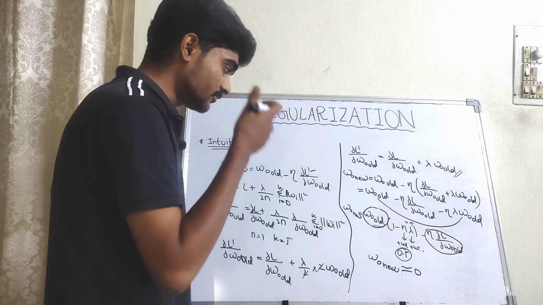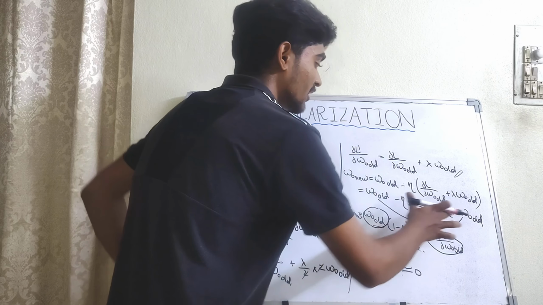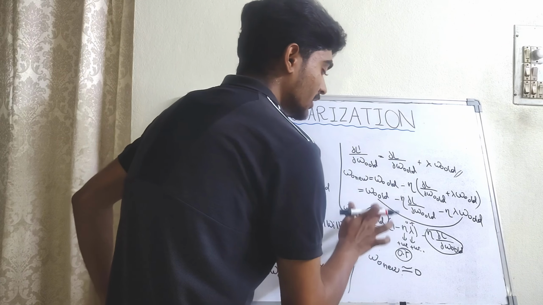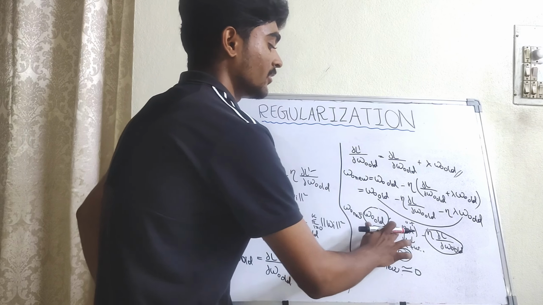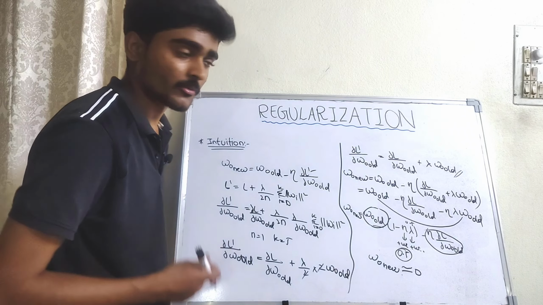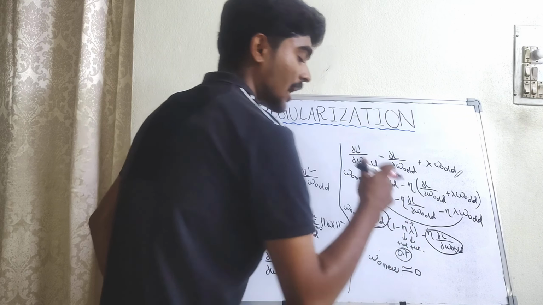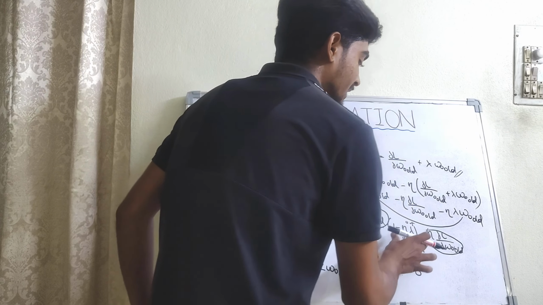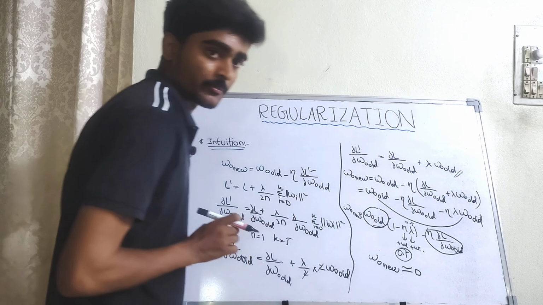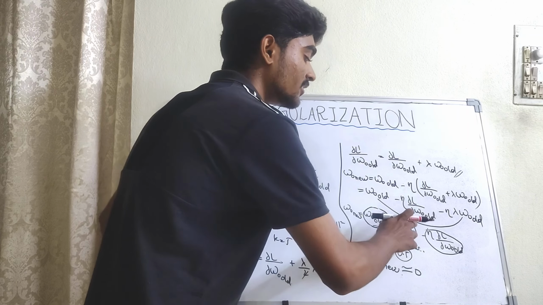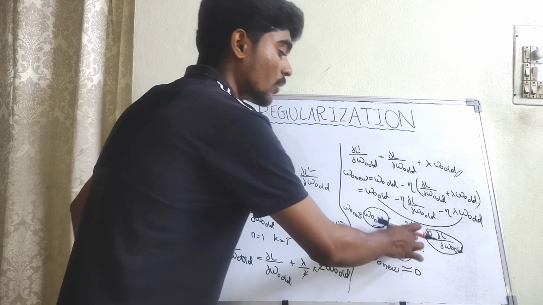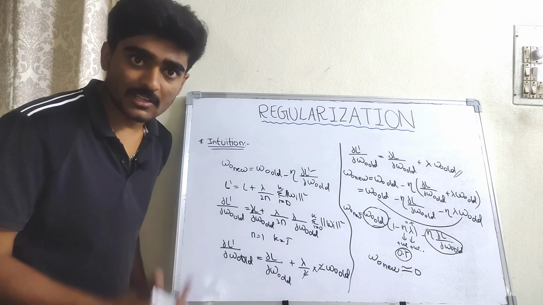Now I'm taking W naught old common. When I take W naught old as common, I'll get 1 minus n lambda. This n and lambda are smaller, positive quantities, so I'll get some smaller positive quantity. As I'm subtracting this smaller positive quantity from 1, the resultant quantity is always less than 1.